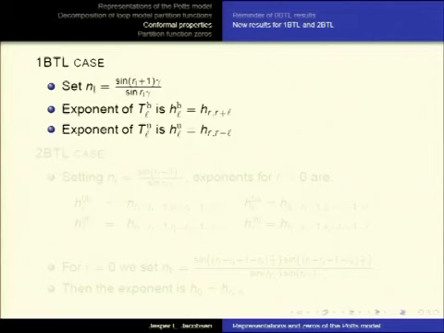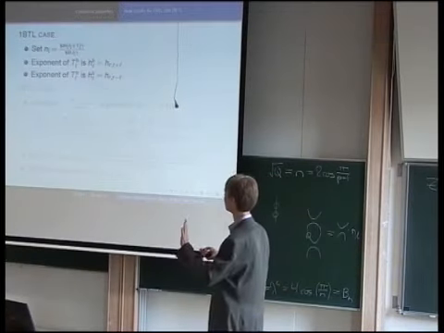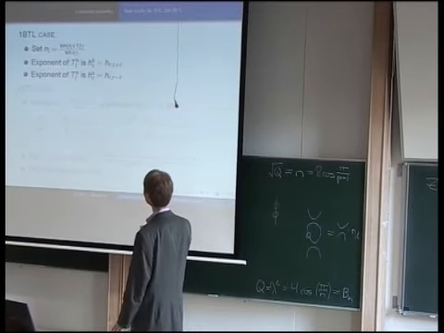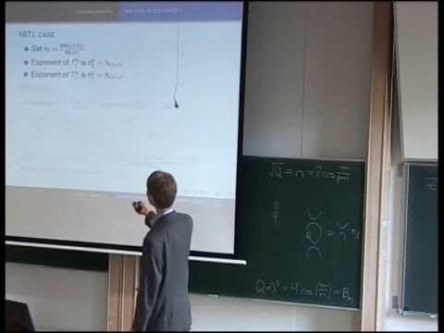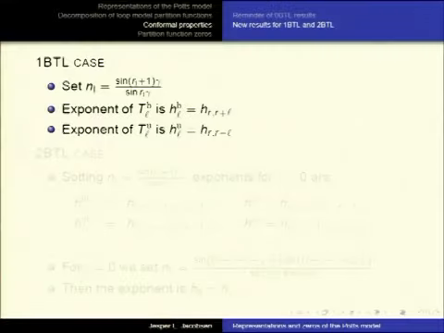If you do that, then the leading exponent of the sector with L through lines and the leftmost line forced to touch the boundary is h_{r_L, r_L+L}, where r should have been r_L, of course. And if you force it not to touch the boundary, it's h_{r_L, r_L-L}.